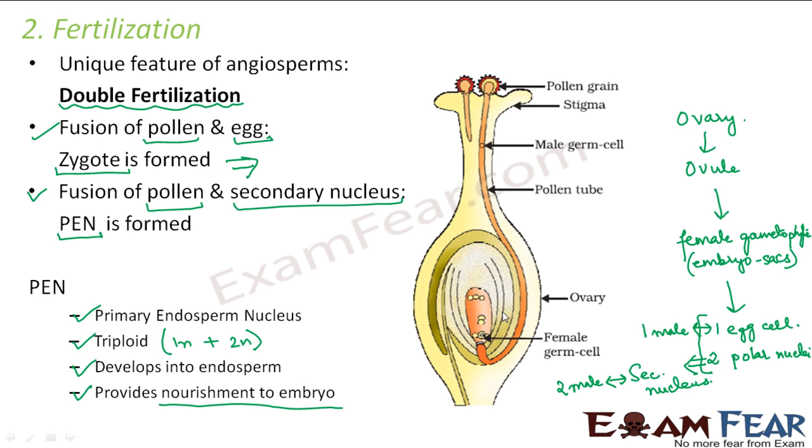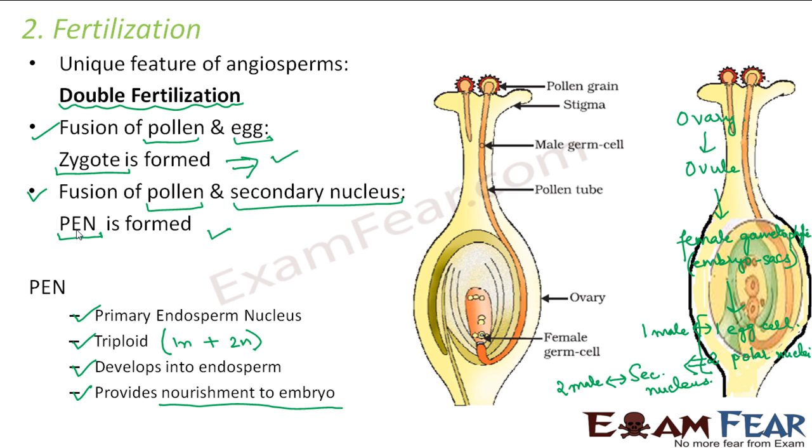When these male sex cells reach the ovule, one male sex cell will fuse with the egg to form the zygote, and the other male sex cell will fuse with the secondary nucleus to form the triploid primary endosperm nucleus. On maturity, the zygote will form the embryo, and this PEN will form the endosperm. The endosperm's function is to provide nourishment to the embryo, that is, it helps in the growth of the embryo.